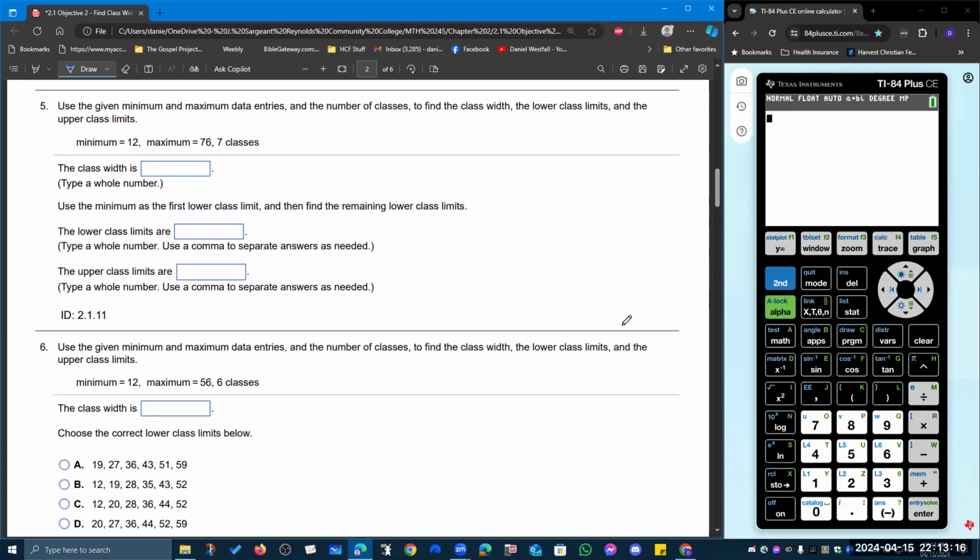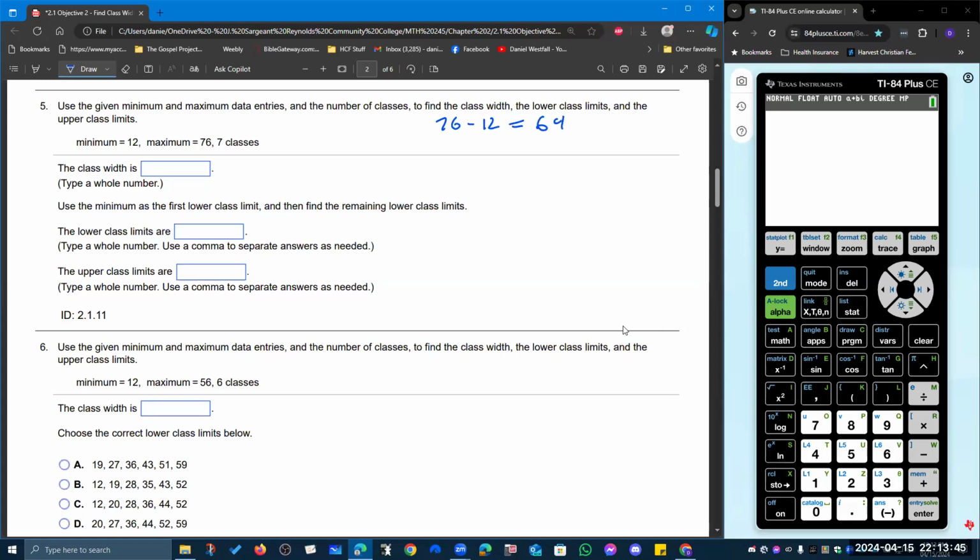Use the given minimum and maximum data entries and the number of classes to find the class width, the lower class limit, and the upper class limit. So for class width, we're going to find the range here, which is 76 minus 12, which is 64.